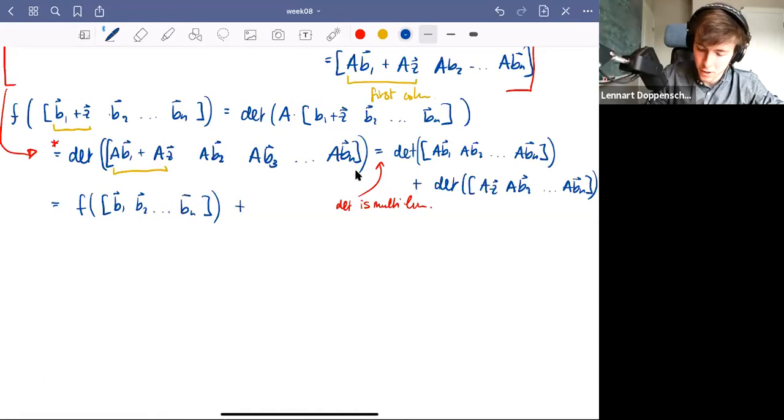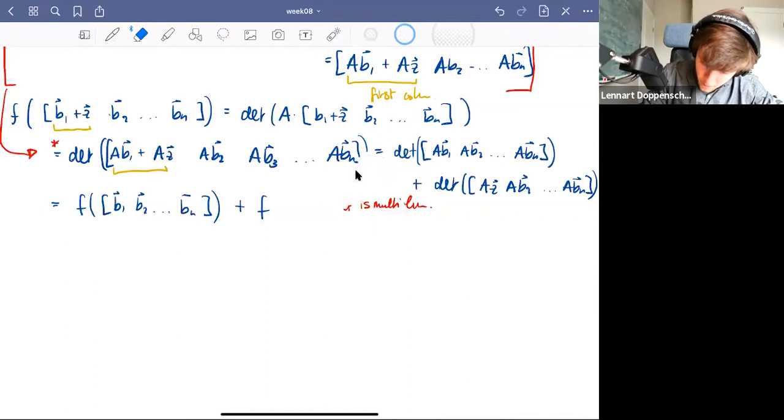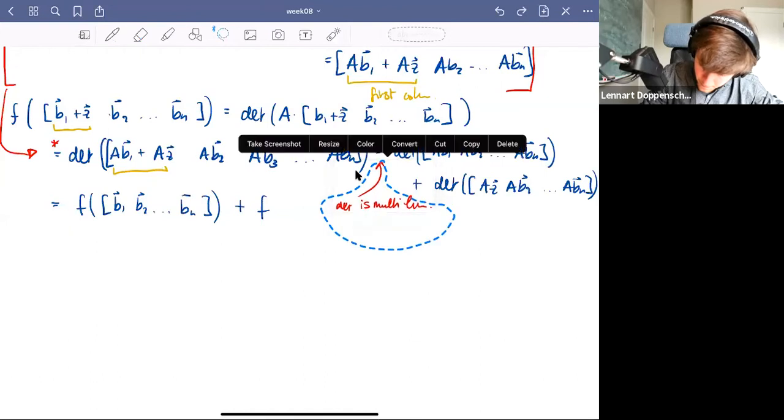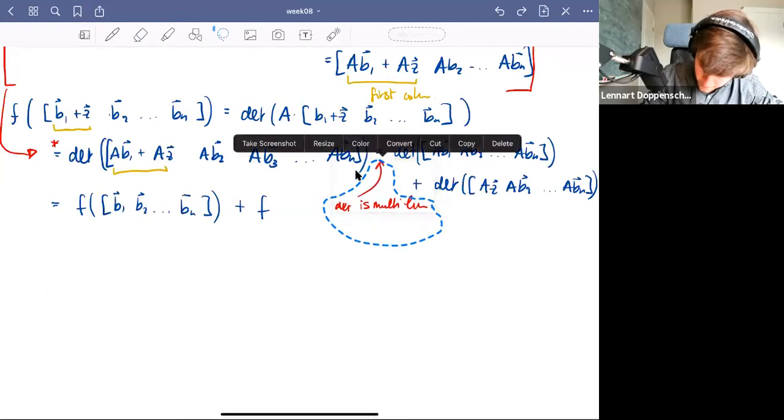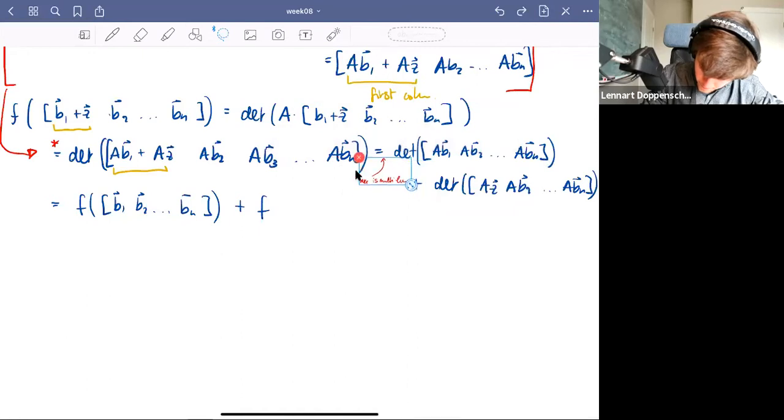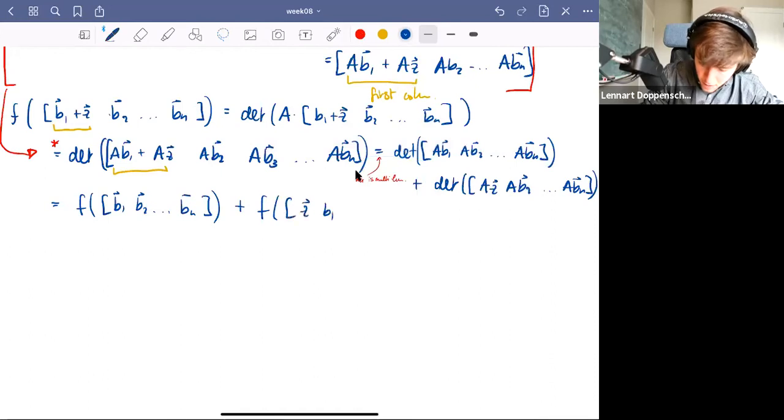And the second one is just F applied to Z, B2, through Bn.